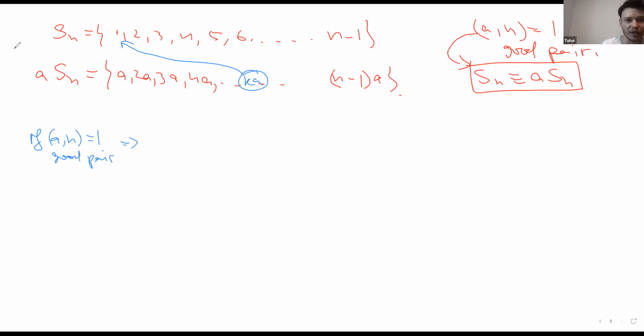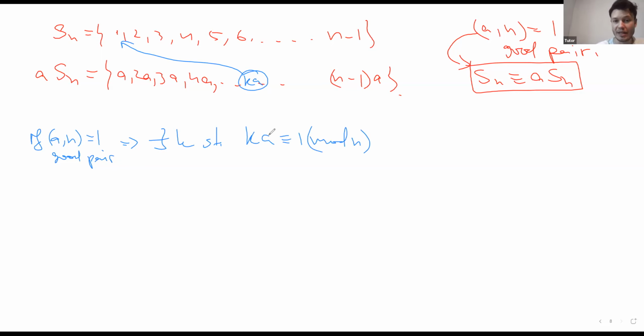What can I say from here? Basically, there is going to exist a K such that Ka is congruent with 1 mod n.